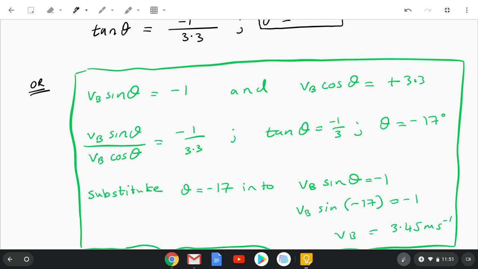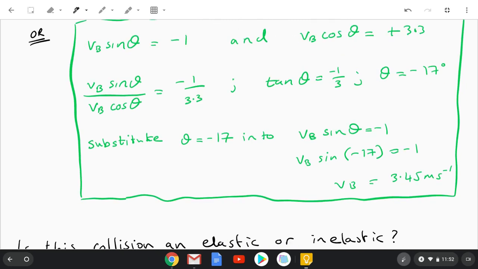And if we substitute the angle back into any one of these two expressions we had earlier, let's say into VB sine theta equals minus 1, we find the same magnitude of velocity of 3.45 meters per second.